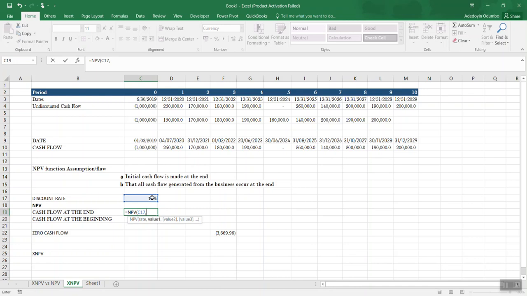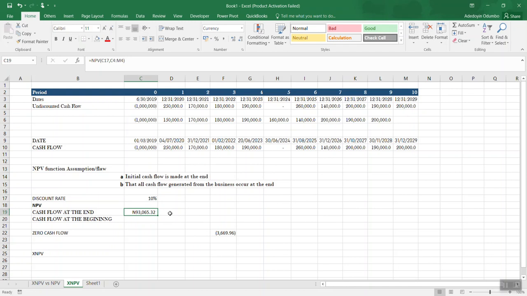If all my cash flows, including my initial cash flow, occur at the end, then I will apply my cash flow from the beginning up until the end. Then I will say okay, press enter, and I have my NPV to be 93,000.